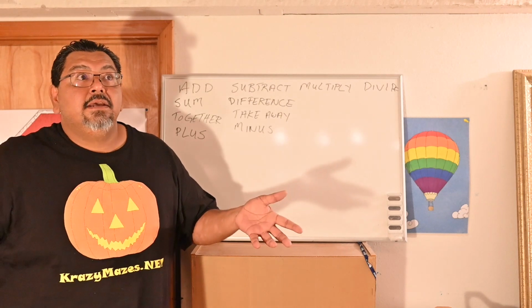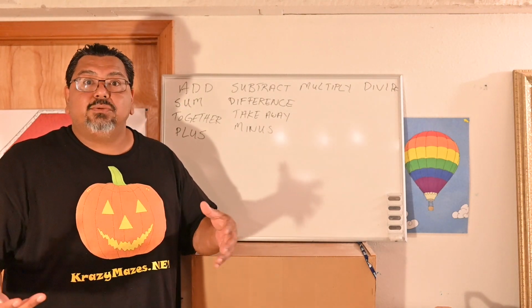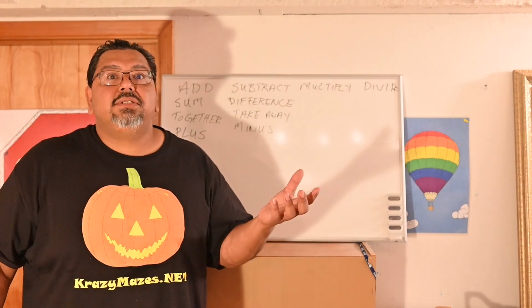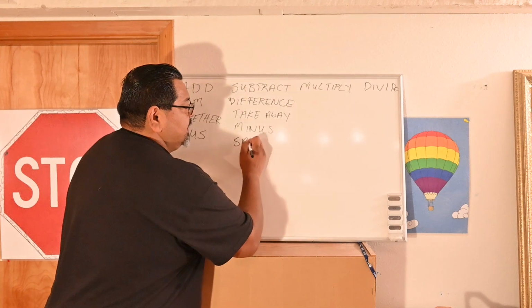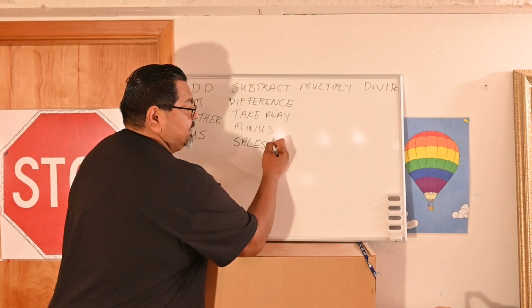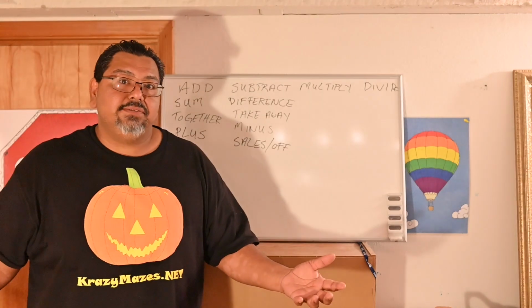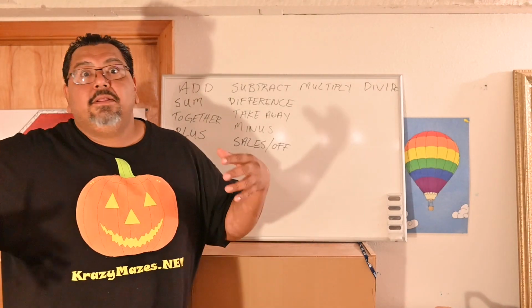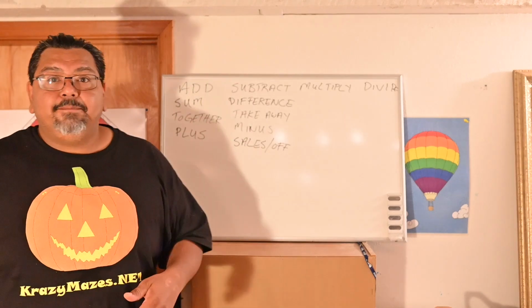And then, one of the big ones that I had just been looking at was like sales. When you're saying, how much did you take off? So sales off. How much did you get off from this particular sale or this particular equation or whatnot? So those are a few of them for subtraction.